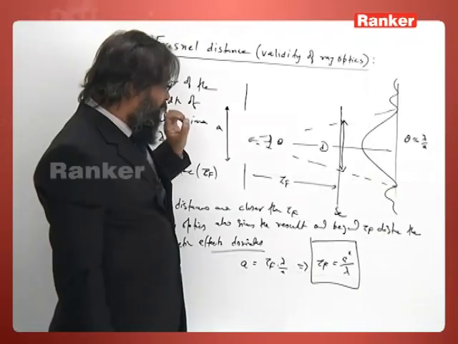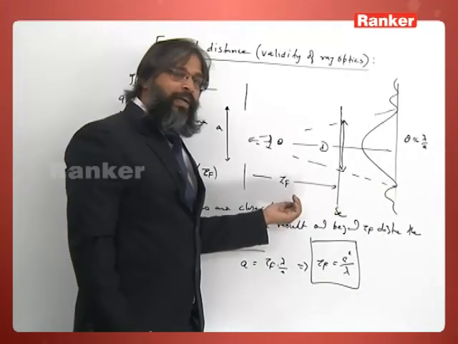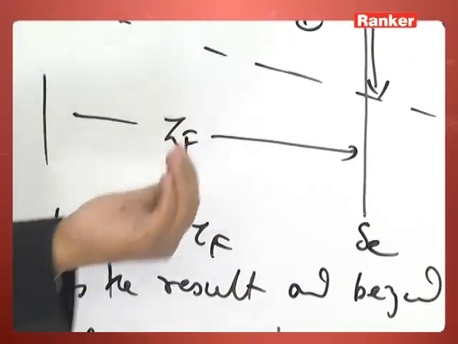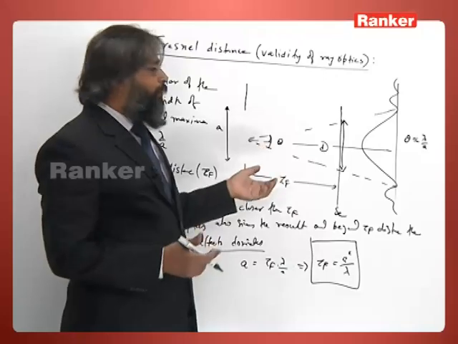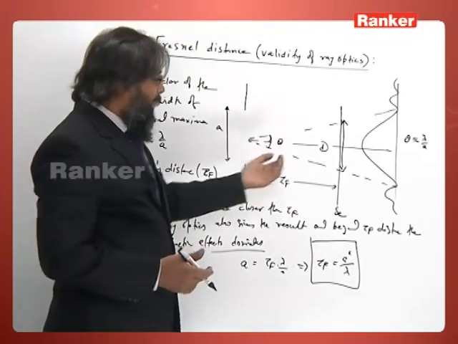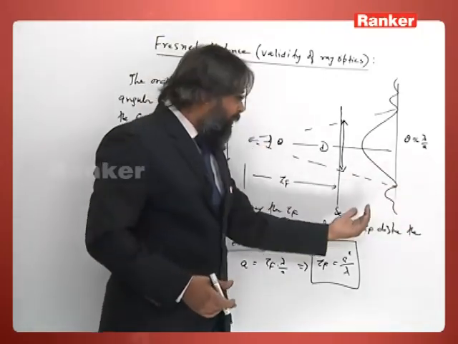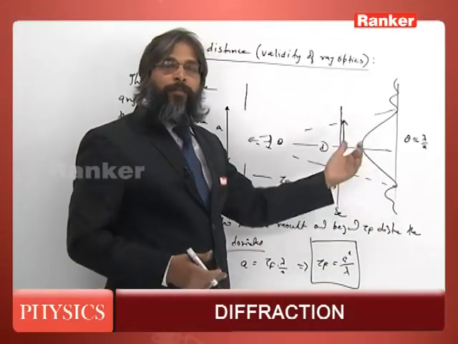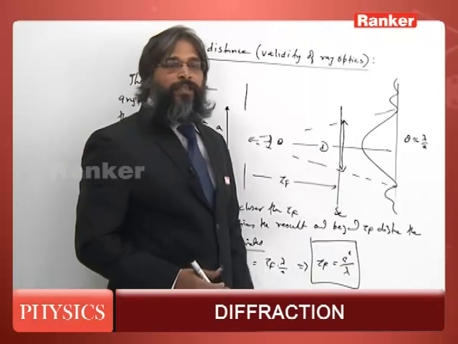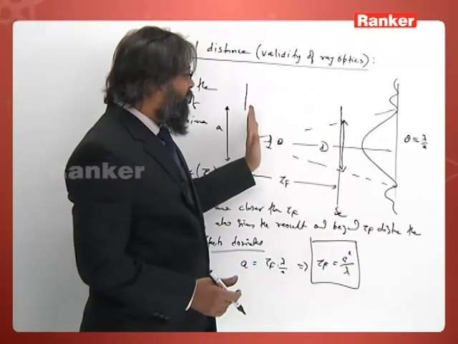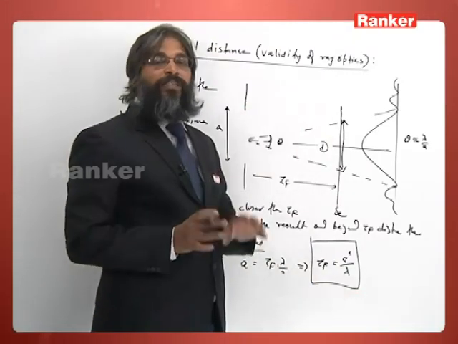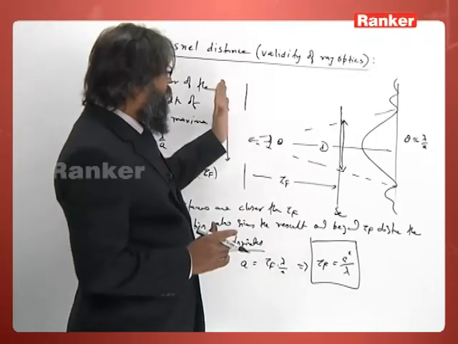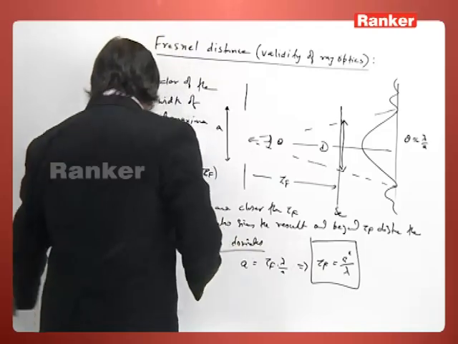So before ZF, ray optics will also give the correct result, and if my distances are beyond ZF, then the result will be better given by the diffraction phenomenon. So ZF, the Fresnel distance, determines the validity of ray optics and wave optics.